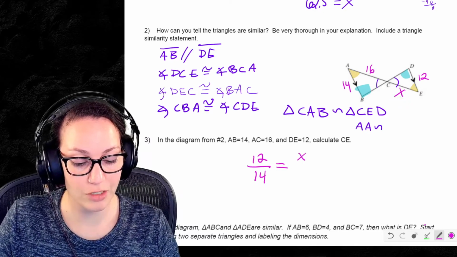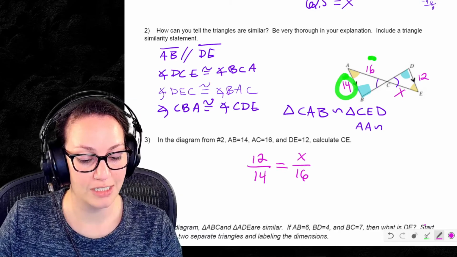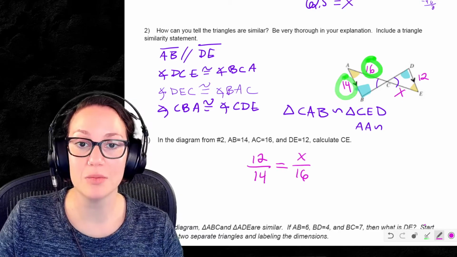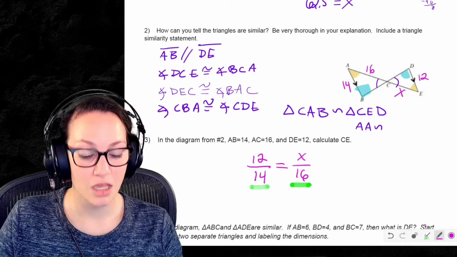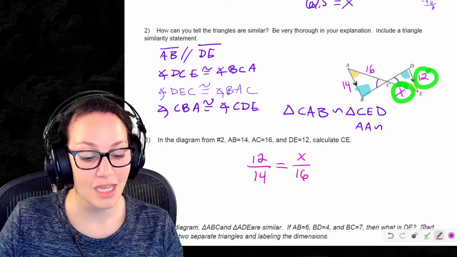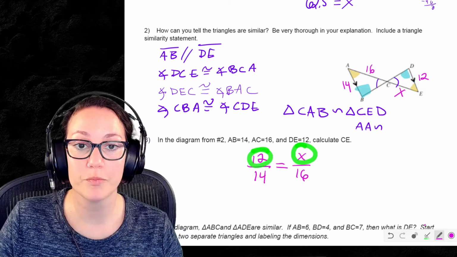So I'll say x over 16. So again, 14 and 16 both came from triangle ABC, and both numbers are in my denominator. And 12 and x came from triangle CED, and both of those numbers are in my numerator.